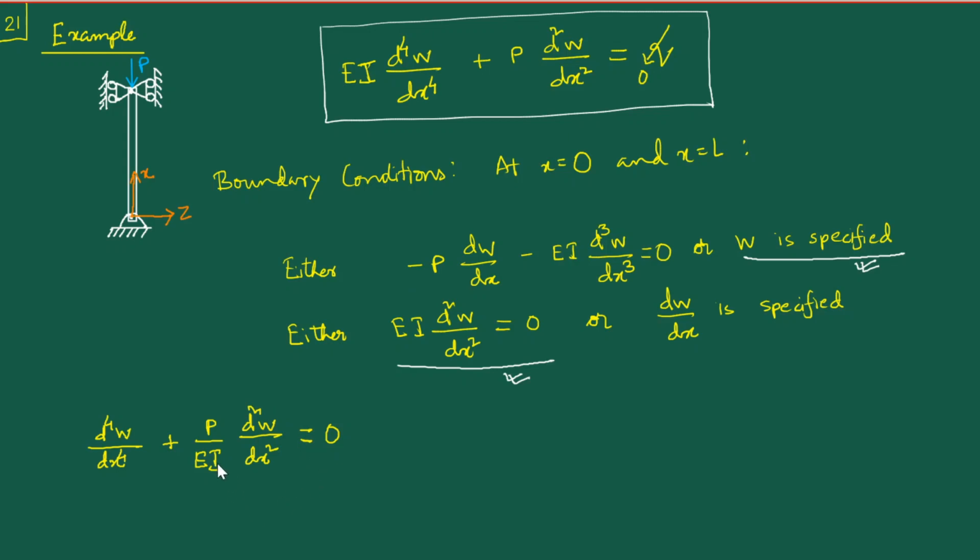Now what we do is usually this P by EI, you note that this P is a positive thing, this E is positive, I is positive, so this entire thing is positive. So we will just write this particular combination as k square.